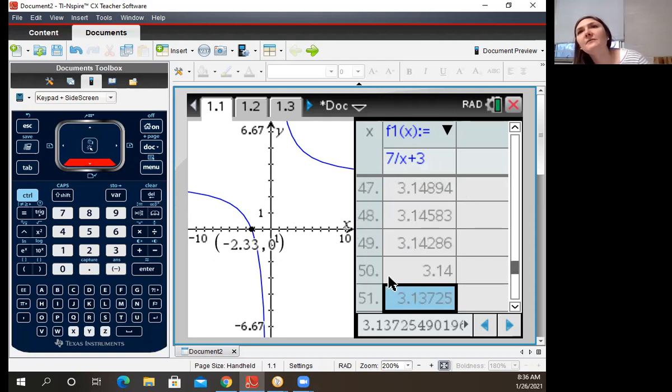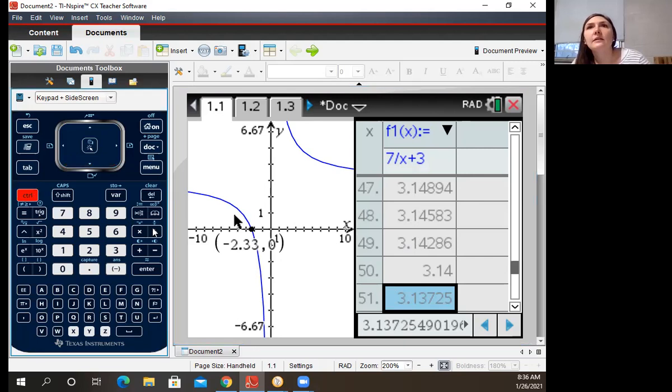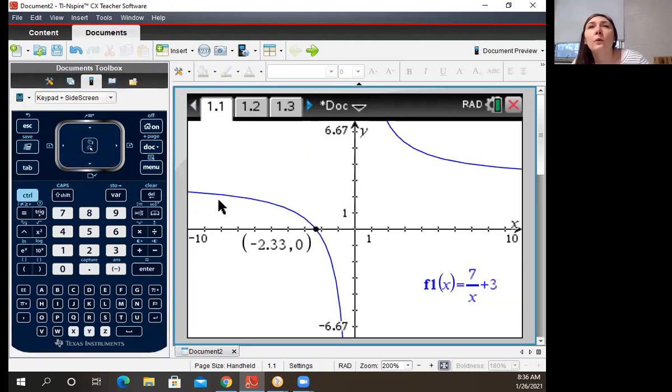So we're up at positive 50. And oh, there's pi, 3.14 approximately. We can see that we're getting really close to 3, but from the other direction. That should make sense. For this portion of my graph, we were rising very gradually towards 3. For this portion of my graph, I was descending really gradually towards 3.